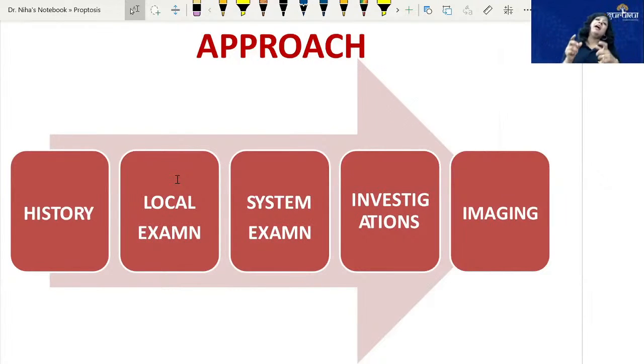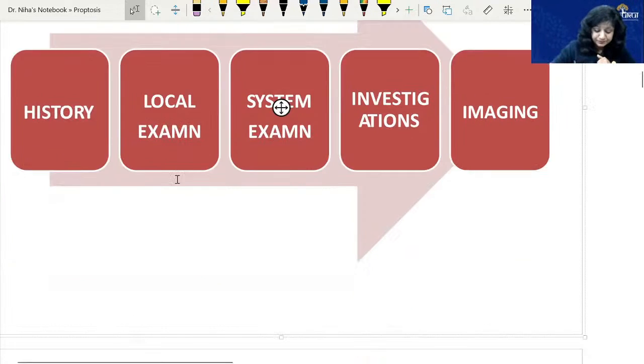I had posted this once, that no matter how many resources you have, if you do not know how to use them, you will be in chaos. So you will have to go in a step ladder pattern. You have to look at the history, look at the examination, and then finally go to the investigations and imaging. Only then will you be able to make a proper diagnosis.